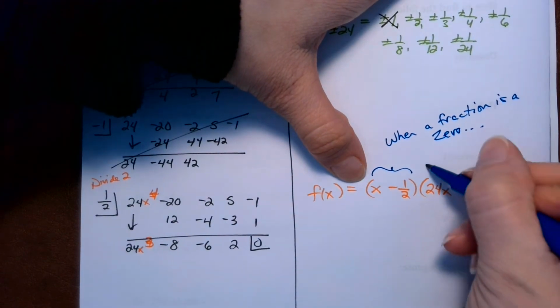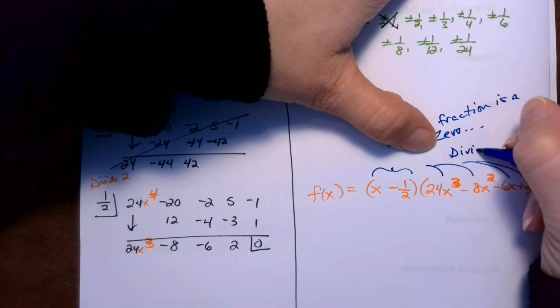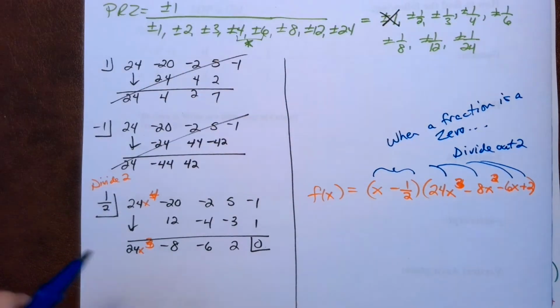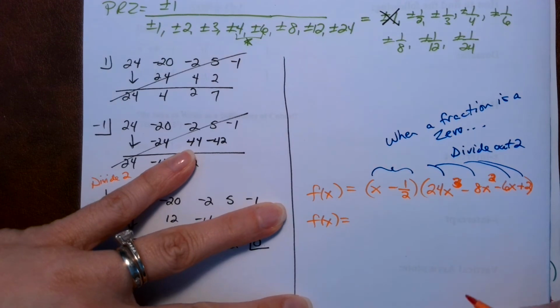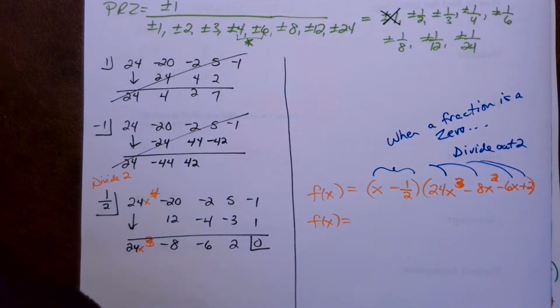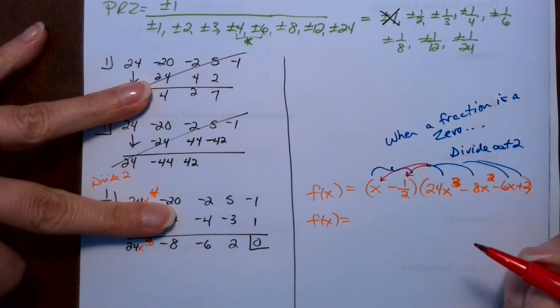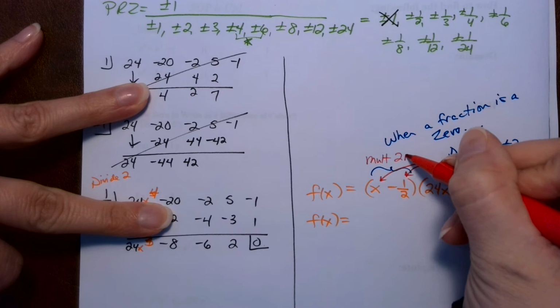So we're going to divide out a 2. All right, so let's see. If I take a 2 out, where am I going to put that 2? Oh, I know. We're going to multiply it into this factor. Okay, multiply the 2 in.